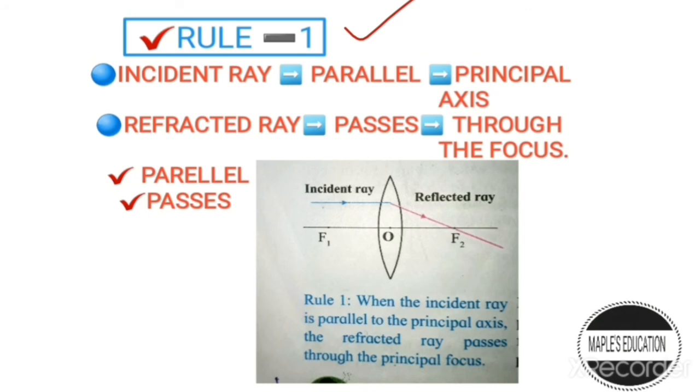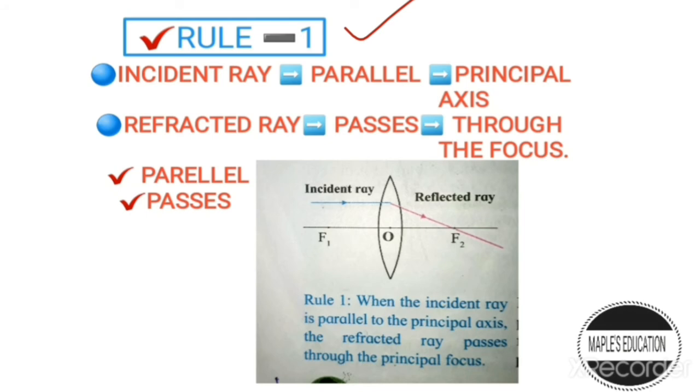Now what does rule 1 say? Before starting with the three rules, please remember these three rules are for my convex lens. Let us first understand what an incident ray is. The ray which is approaching is called an incident ray.